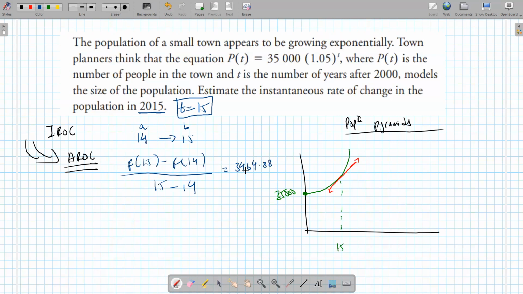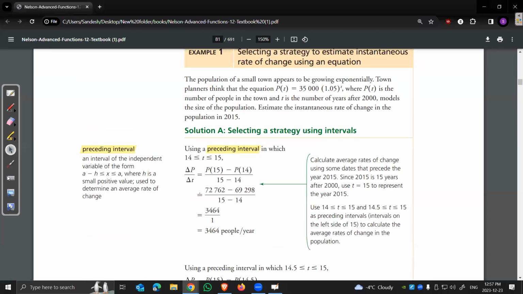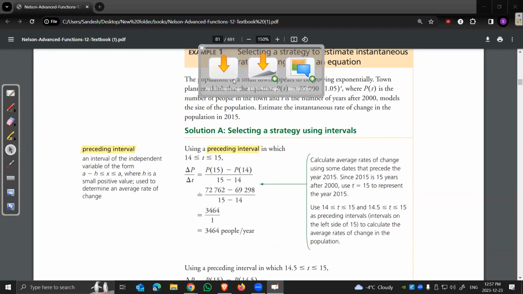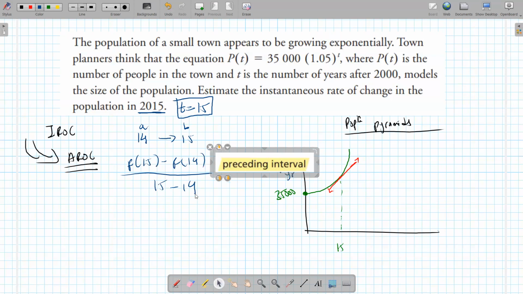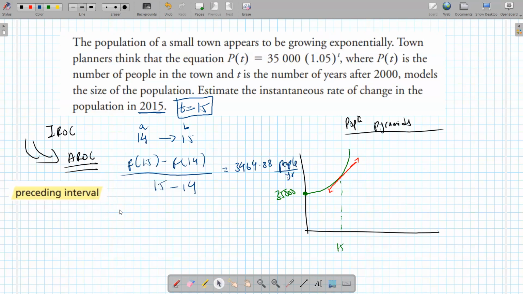On average, at 15 years, or in 2015, the population is growing by 3464.88 people per year. This would be one of the answers. This is called the preceding interval, where you take a number slightly before your point of interest. So if we're looking at 15, we take 14.